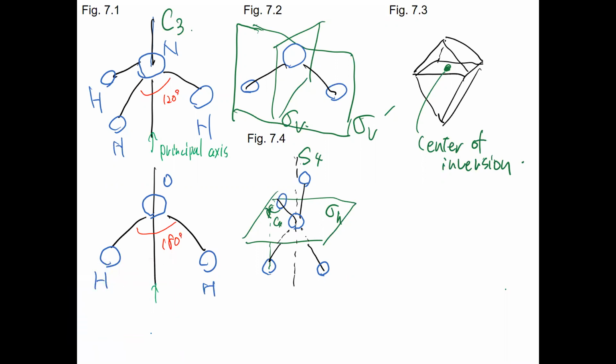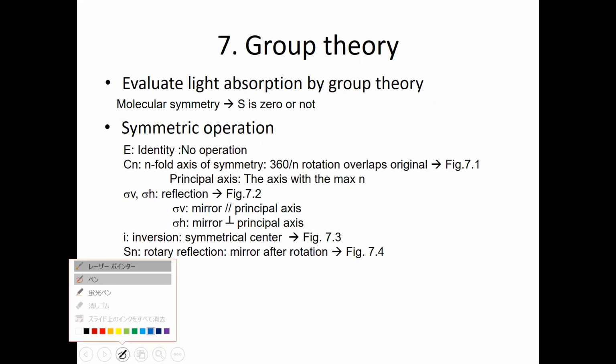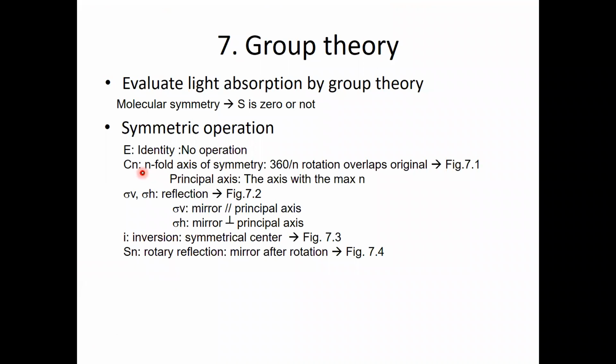Meaning that this one has a C2 symmetry operation. So this is Cn, the n-fold axis of symmetry.